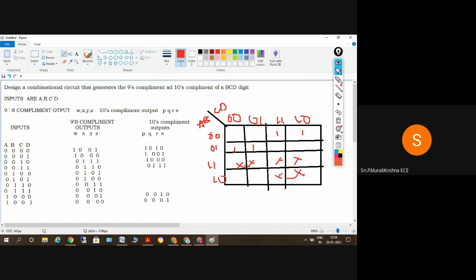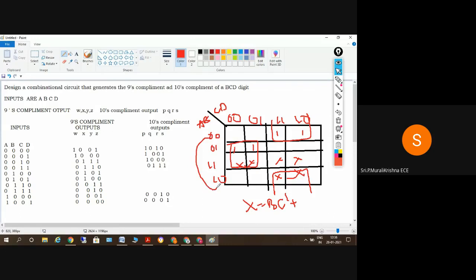Okay, so we can form a quad, we can form another quad, so this one and this one. Okay, so this is the value of X here, so X is equal to, so these two, what we'll get here is B into, so this one C bar, and these two rows.